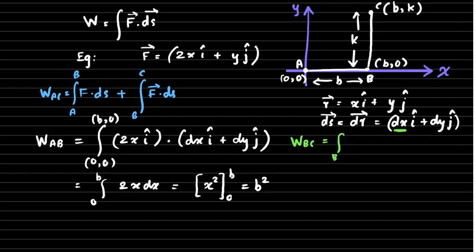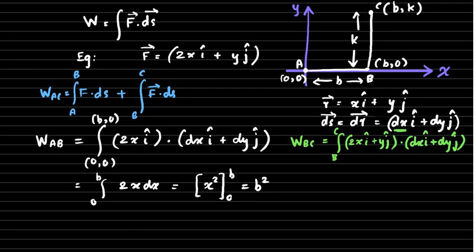So from B to C, the force is 2x i cap plus y j cap. So there is an x component of force, unlike path AB where there was no y component of force. However, the displacement is 0 in the x direction. So dot dx i cap plus dy j cap.